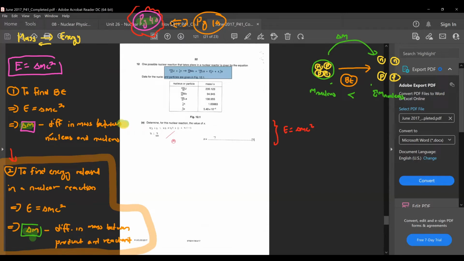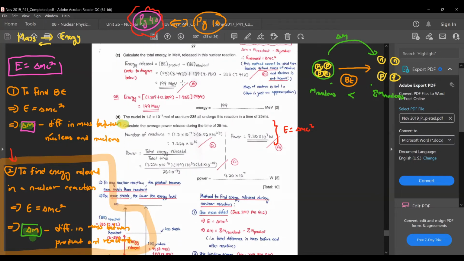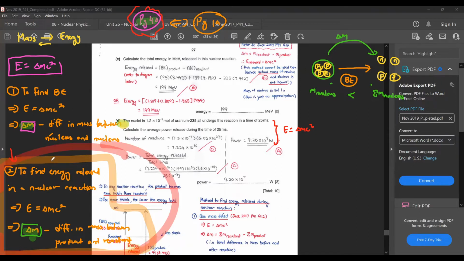For this question, on the next page, they're asking you to find out the energy released in the nuclear reaction. But you notice that you are not using the method used previously, where you find the difference in mass between the products and reactants. Instead, you seem to be using something else entirely here.